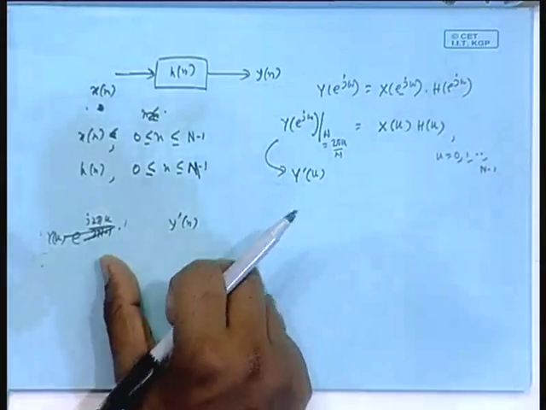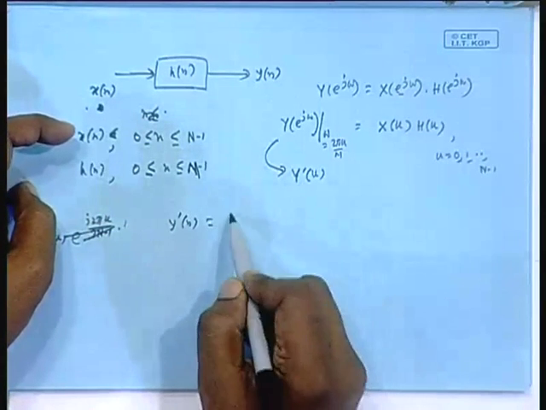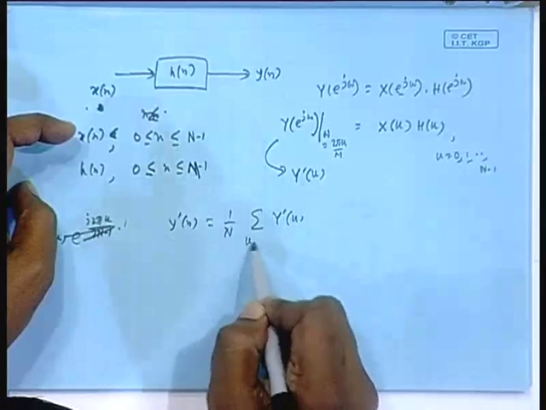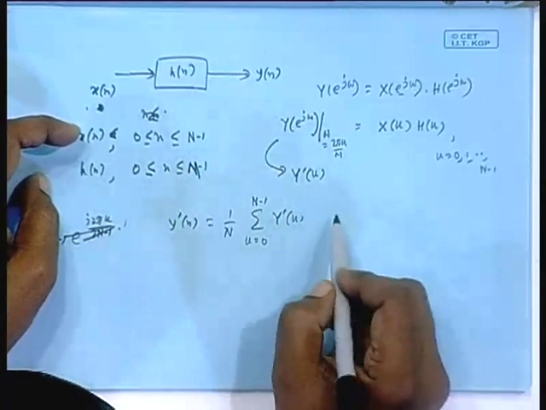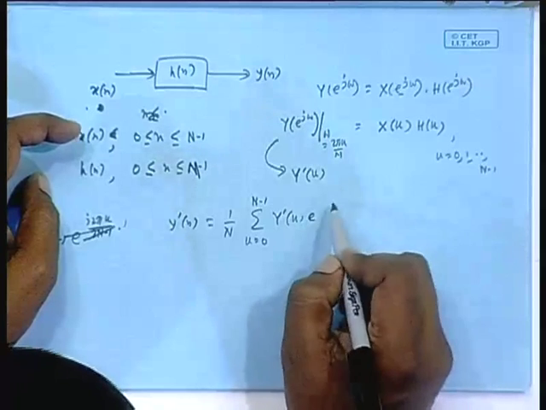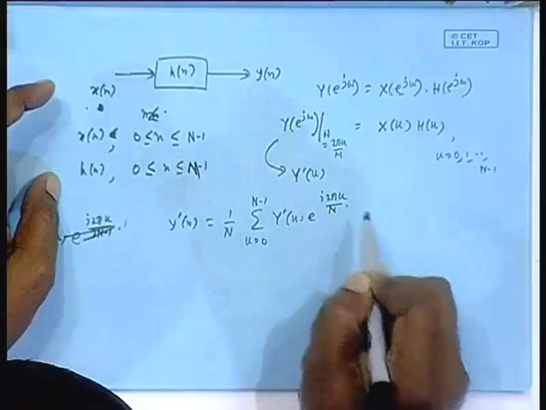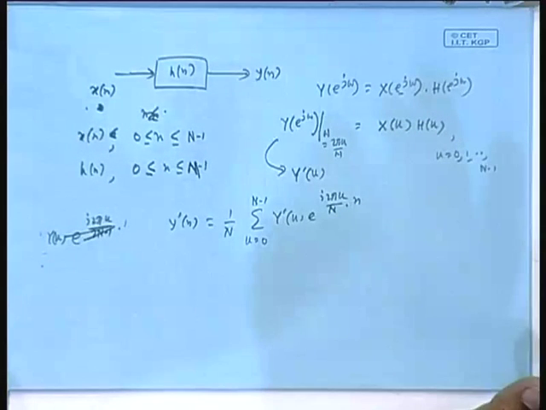I told you linear convolution plus an extra component will be there in y'[n]. So y'[n] is 1 by n, that IDFT formula, but with these coefficients. Range is as before, not 2n minus 2, but n minus 1 only, times e^{j2πkn/n}, IDFT.